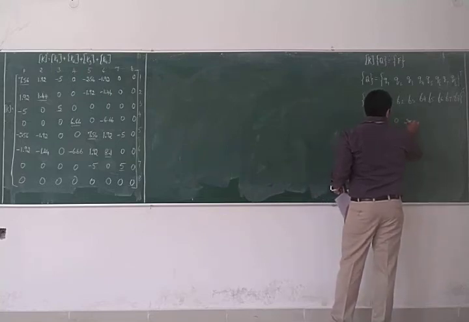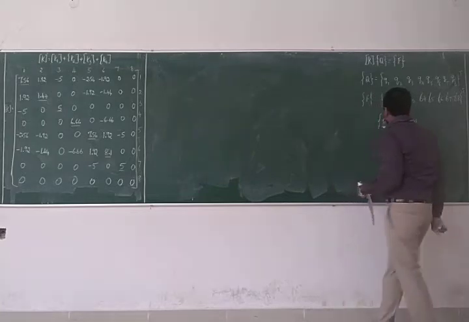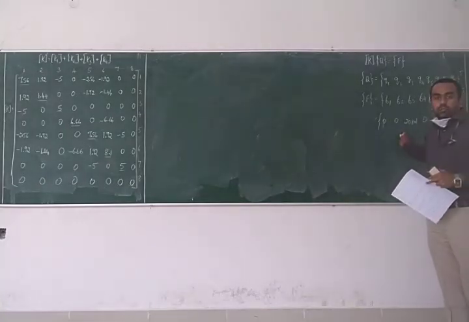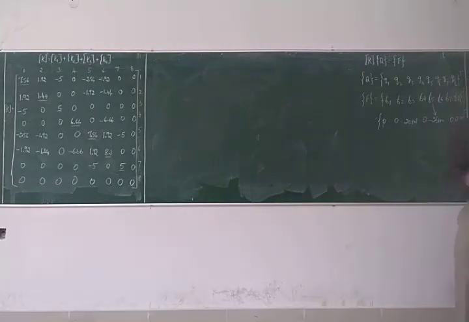F4 along y direction is 0. F5 has 25,000 kilonewtons acting downwards. So minus 25 kilonewton for F5. F6, F7, F8 is 0. So this is the value for global force vector.